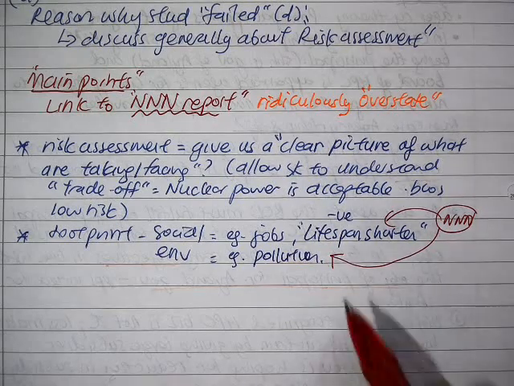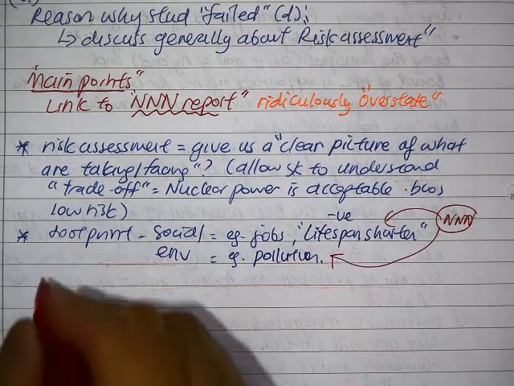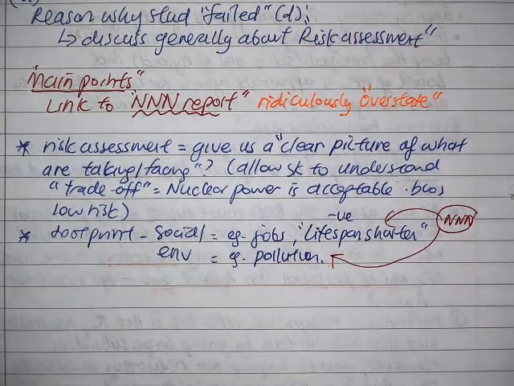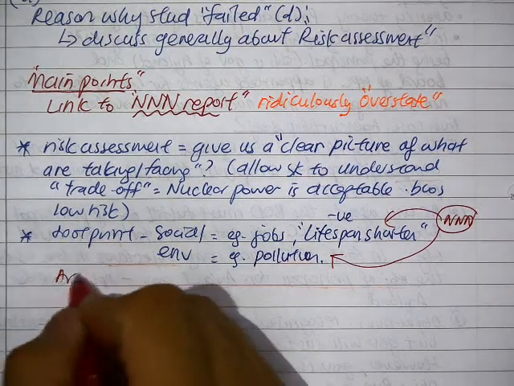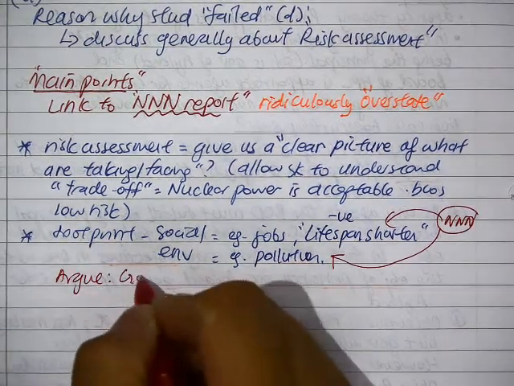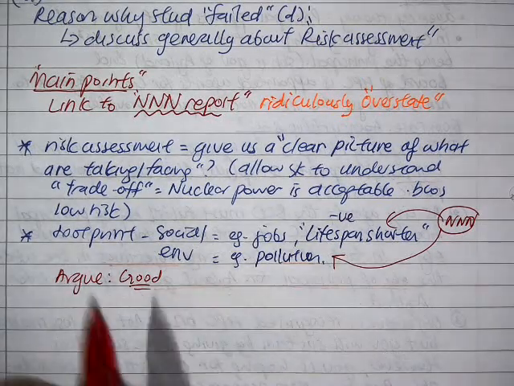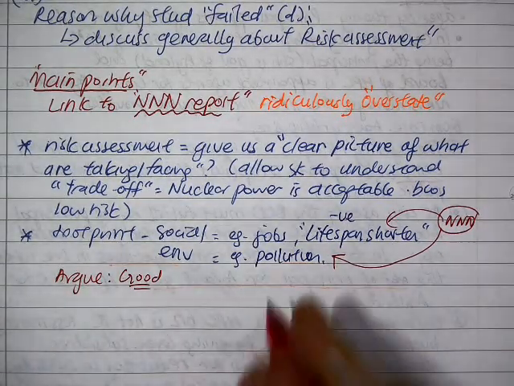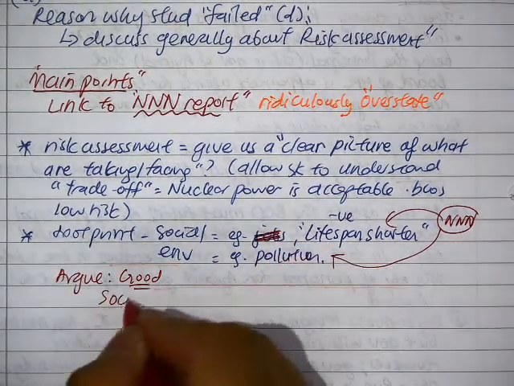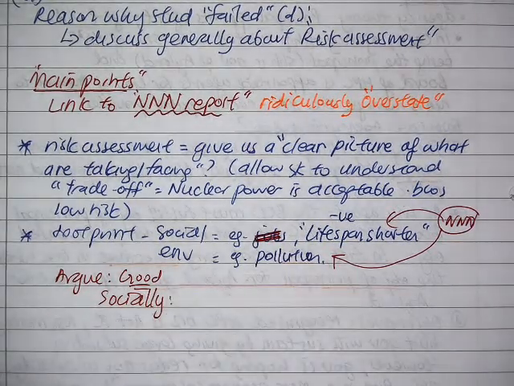So this is all example of things that they claim. So now you must rebut. So when you rebut means you must argue why you think is good. So your answer will come in from the second part and you will tell them, so I shouldn't put job here. Okay? You must put here socially.